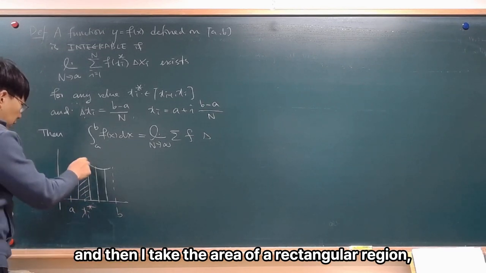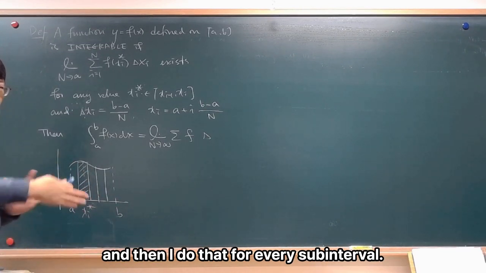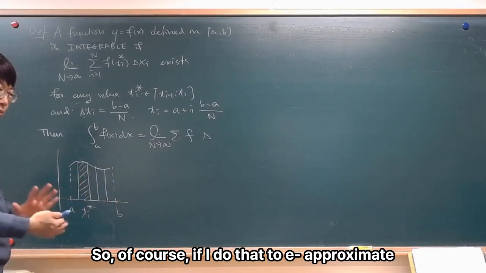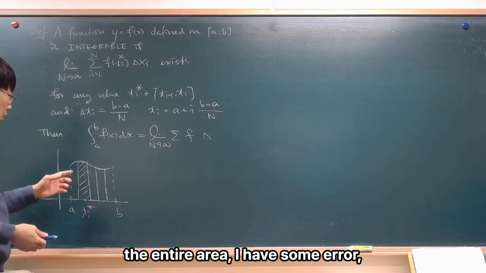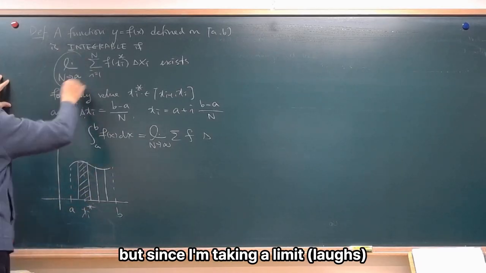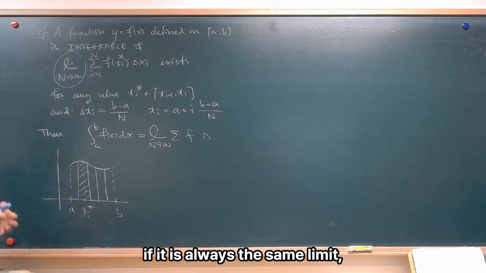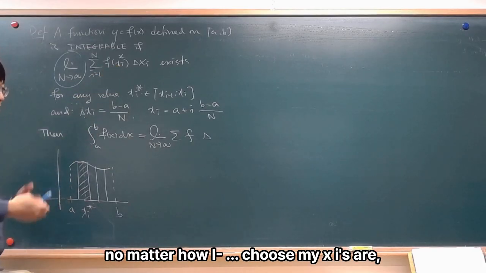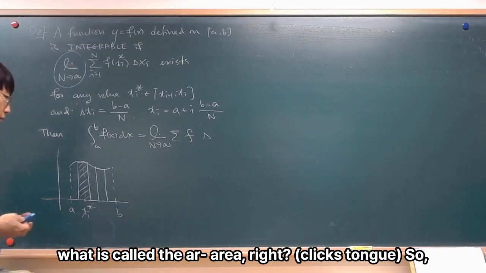Then I take the area of the rectangular region, and I do that for every subinterval. Of course, if I do that to approximate the entire area, I have some error. But since I'm taking a limit as n goes to infinity, if it is always the same limit no matter how I choose my xi star, it's going to be what is called the area.